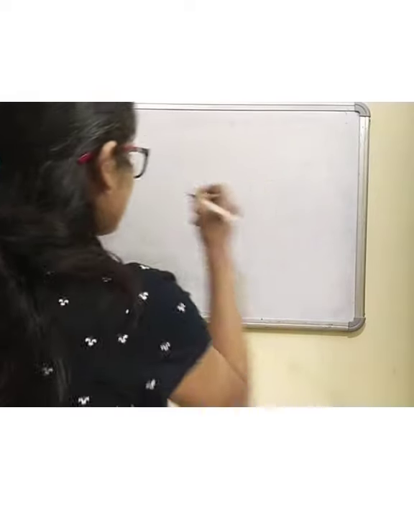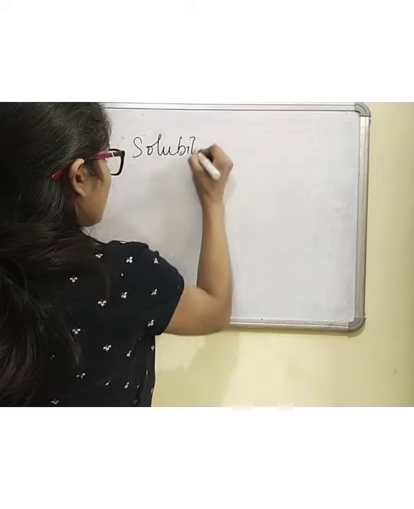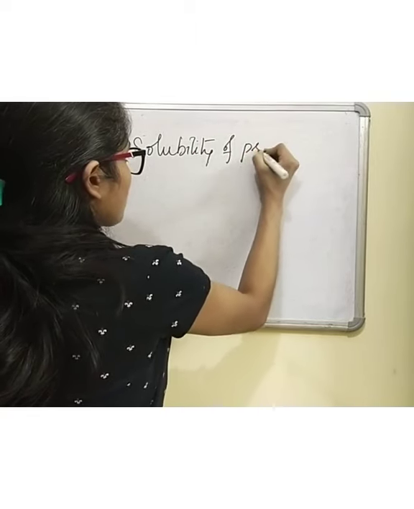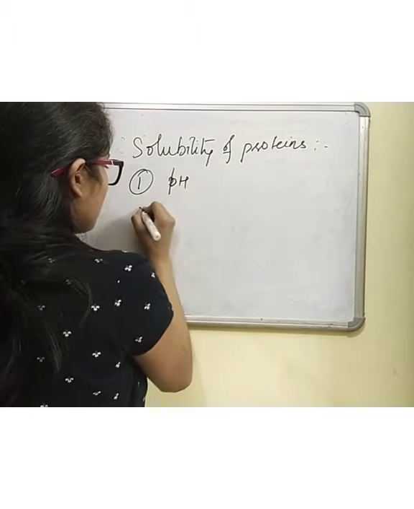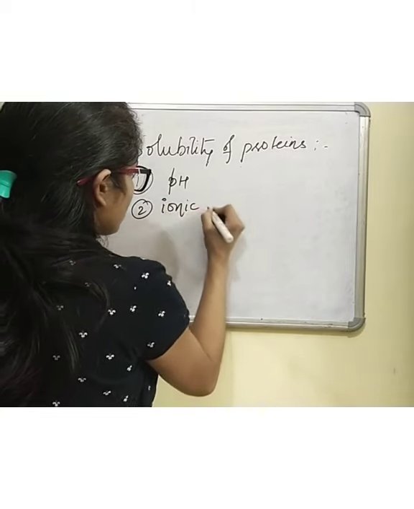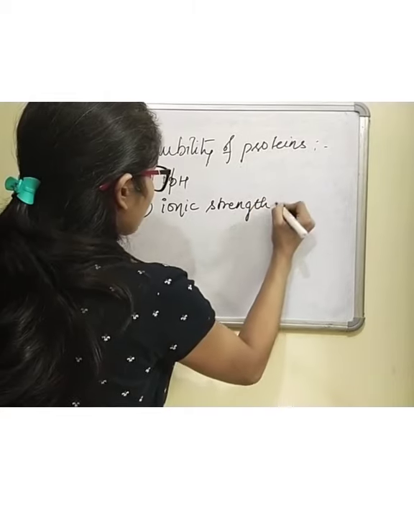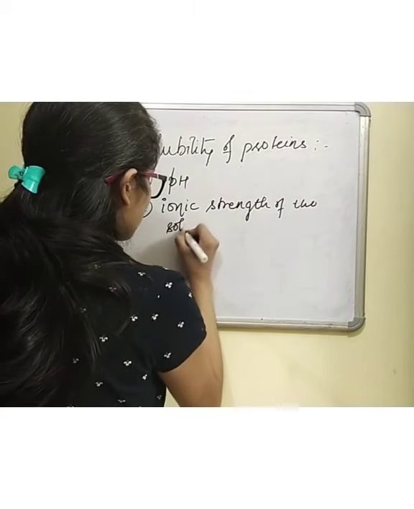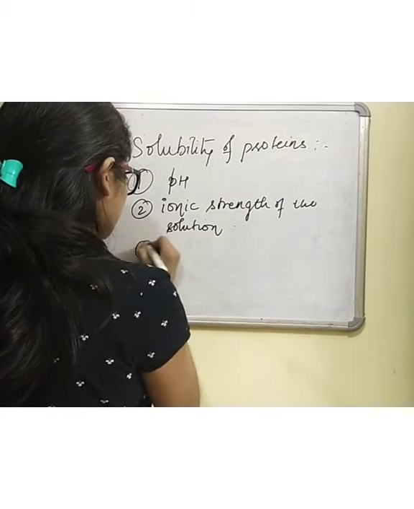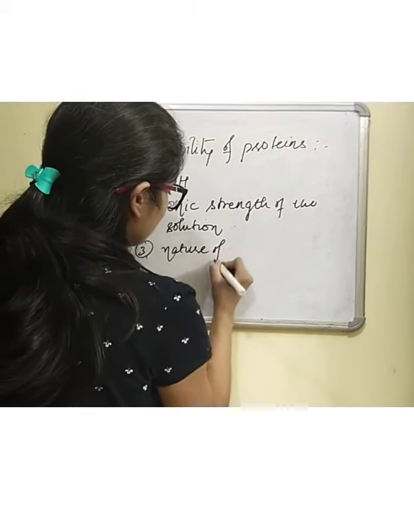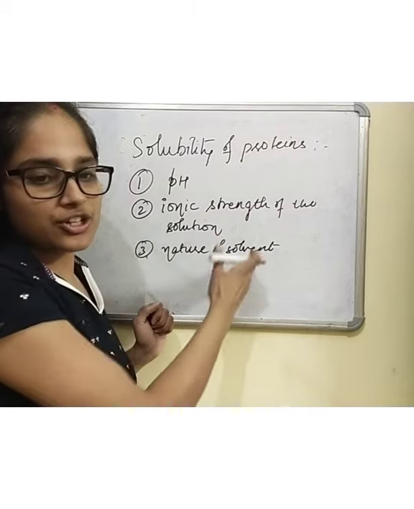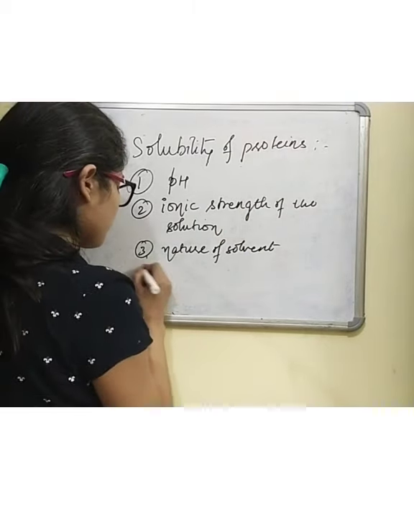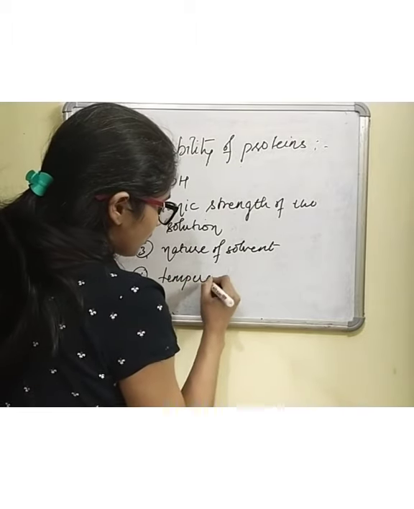So the various factors which affect the solubility of proteins are: first is pH, second is the ionic strength of the solution, third is the nature of the solvent, and then temperature.